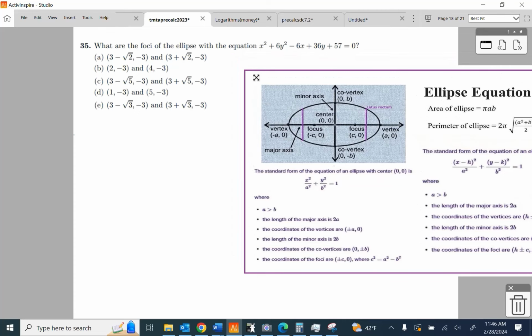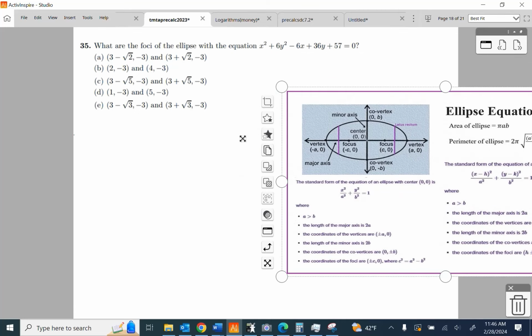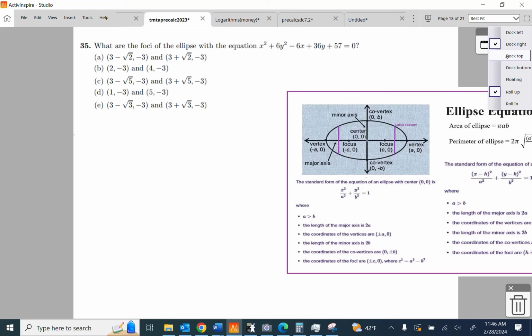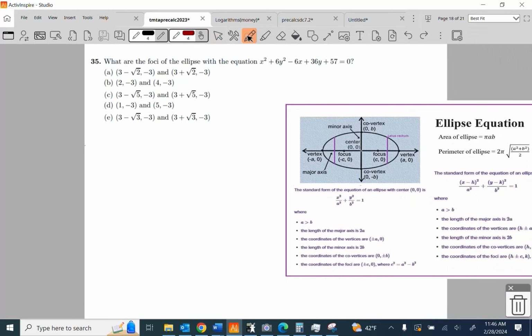So let's take our complex equation and let's manipulate it. The center is actually usually pretty easy to find. What we're going to do is complete the square twice. We'll have x squared minus 6x, leave some space, plus 6y squared plus 36y equals negative 57.